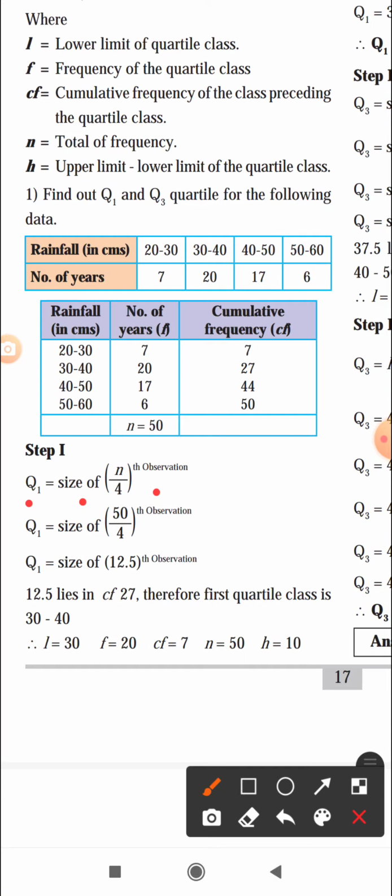So Q1 is equal to size of 50 upon 4, the value of N being 50. Why 4? Because quartiles divide the data into 4 equal parts. So Q1 is equal to size of 12.5 observation.